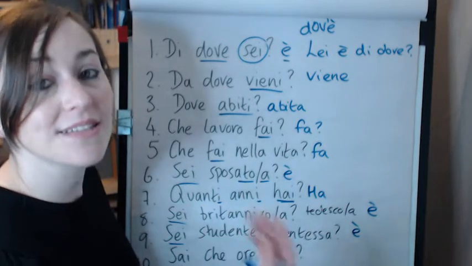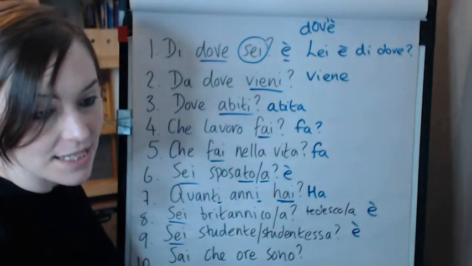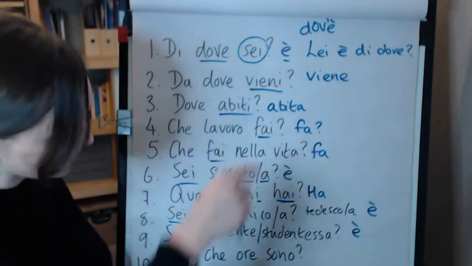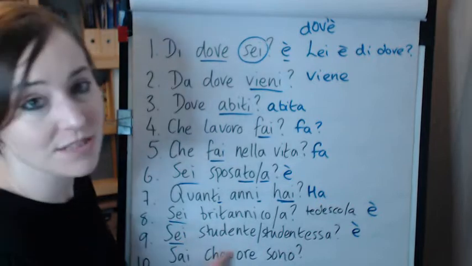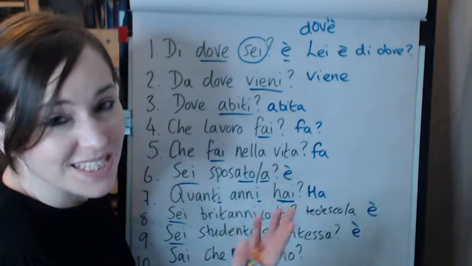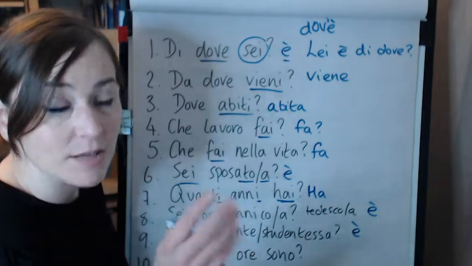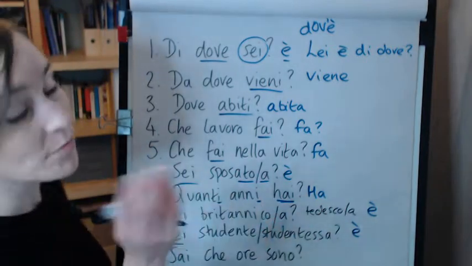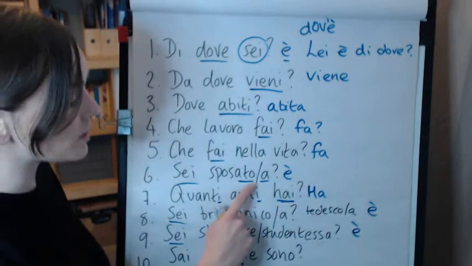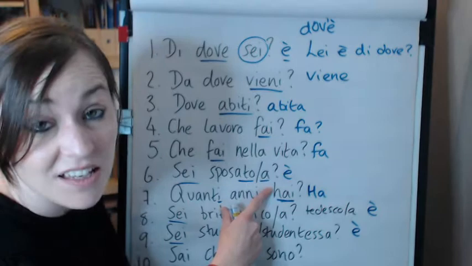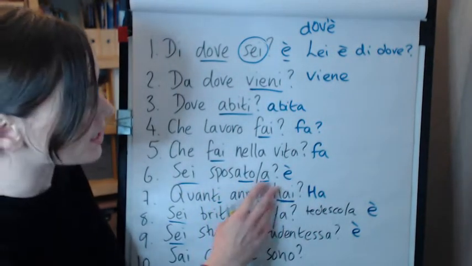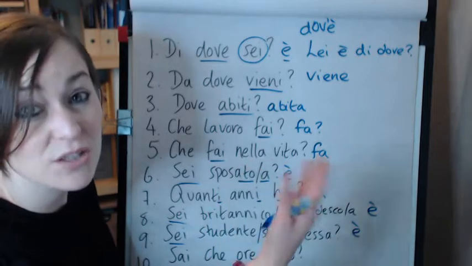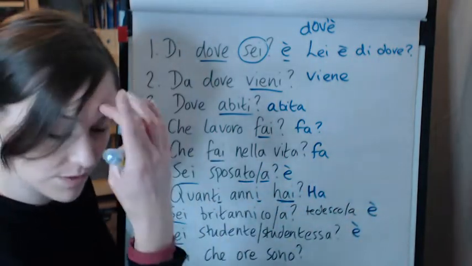Studente, studentessa. Incidentally, studente is one of those words which ends with an E. It can be an adjective. It's basically, no, scusa, it's a noun. So I mentioned some adjectives normally end with an O or an A in the singular. And with the verb essere, you have to agree the adjective according to the gender of whoever you're addressing or talking about.